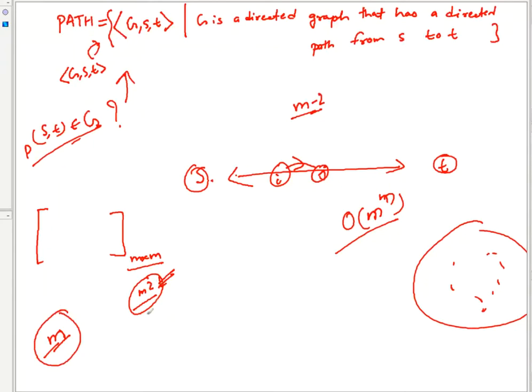Anything that is polynomial in M will also be polynomial in M square. So a polynomial time algorithm in the number of nodes will be equivalent to that.